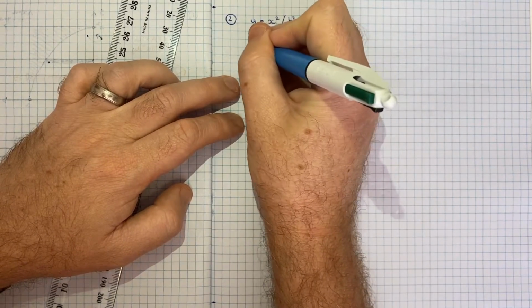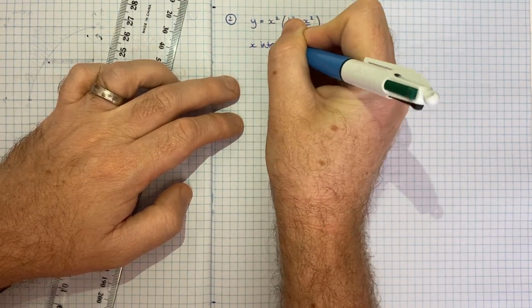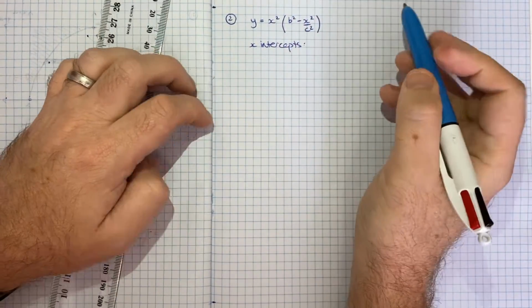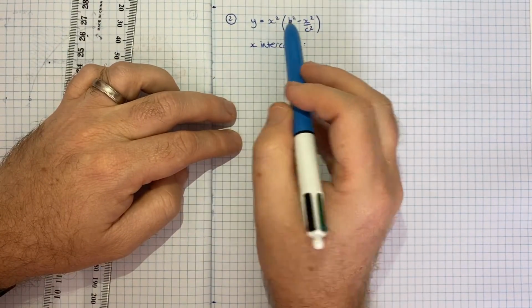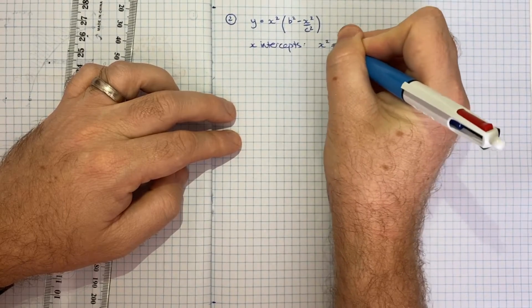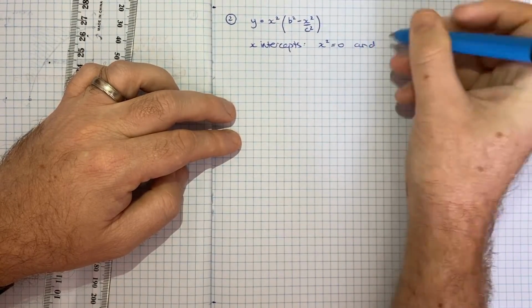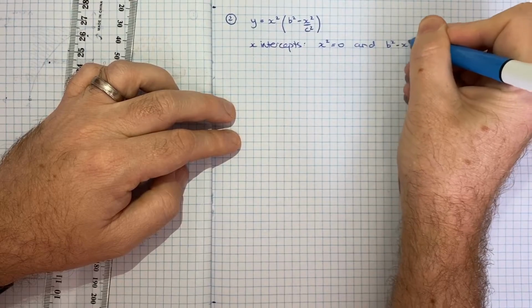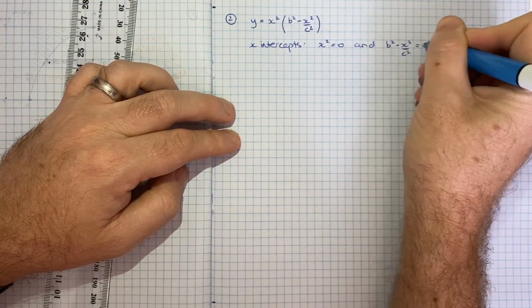If I start with the x-intercepts, we know that will happen when each of these bits is 0. So when x squared is equal to 0, and when b squared minus x squared on c squared is equal to 0.